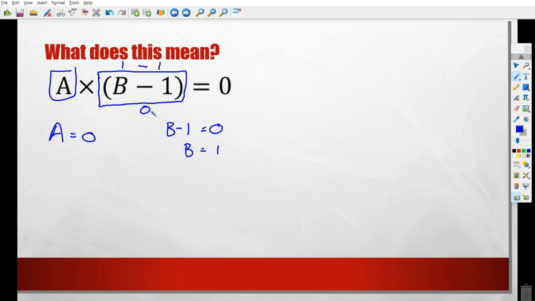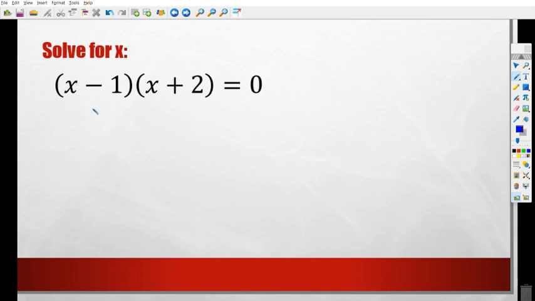So we can get to 0 here. Either a is equal to 0, or the other thing, whatever it is, is equal to 0. But that only works when I've got one term. Moving on here, can you see I've got one term equaling 0.